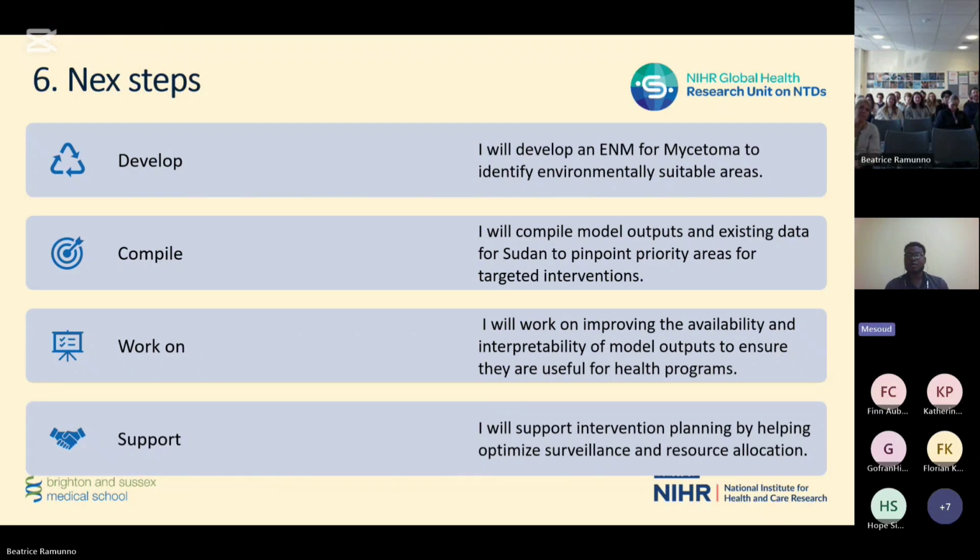I will also combine model output and existing data for Sudan to pinpoint priority areas for targeted interventions. I will also work on improving the availability and interoperability of model outputs to ensure they are useful for health programs. I will support intervention planning by helping optimize surveillance and resource allocation.